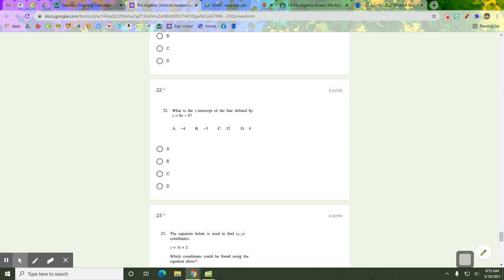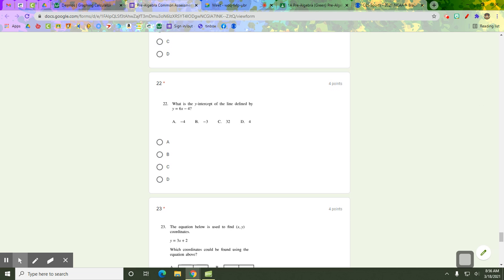The y-intercept of that equation, remember y equals mx plus b. So which one of those is your y-intercept? And if you look to the left, that equation will help you. For some of you, it might help to actually write that right below this.